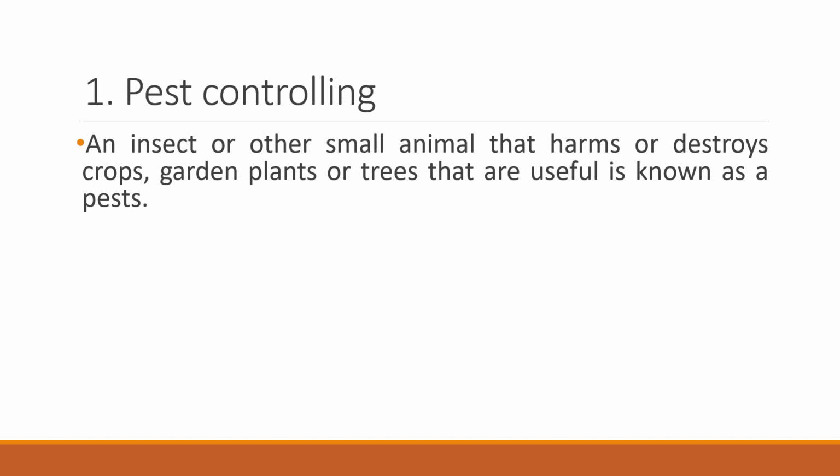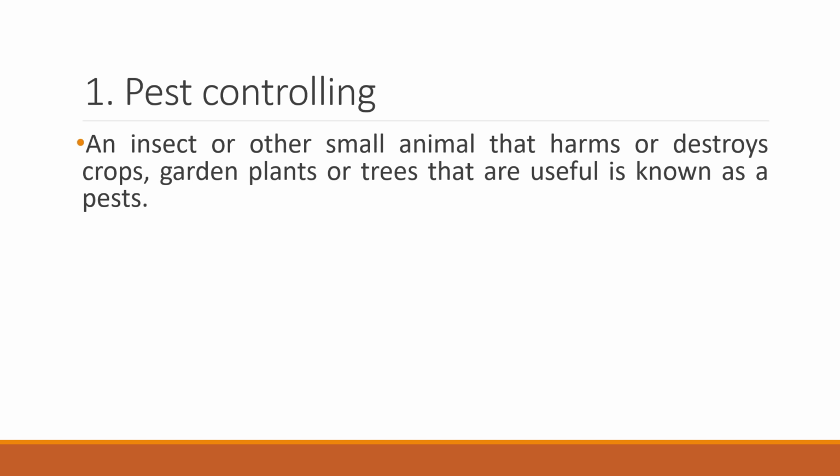Usually they harm different parts of the grown crops, the leaves or the stems or fruits or roots or even the flowers of the crops we grow. Due to this harm, we will not be able to obtain the expected harvest from the crops we grow.